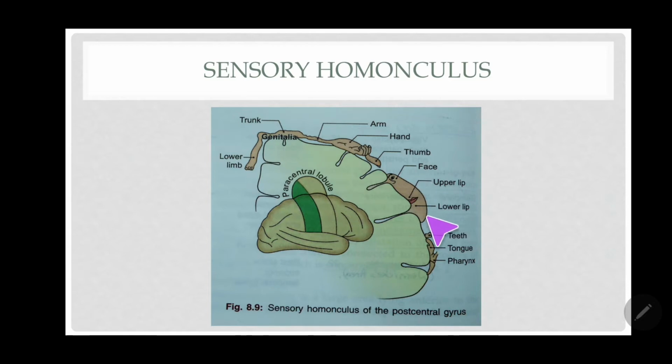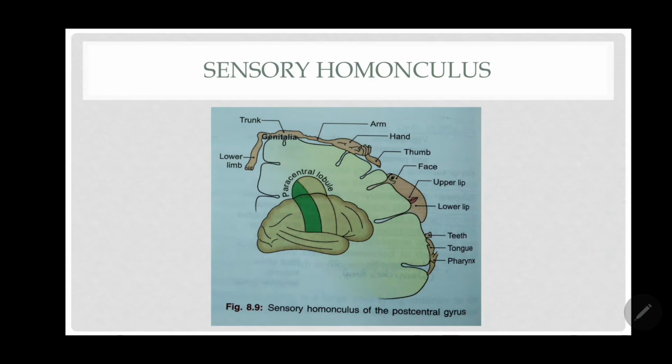So the face here is also in vertical position, although the representation of the face is bigger in size. Then you are seeing a big size of the index finger, thumb and the palm area, then you have the limbs, then the trunk. And this point here, the supromedial border, is the genitalia. And then on the medial surface, the area reaching to the paracentral lobule, you find the lower limb and the foot. Got it? So that's how the representation is.